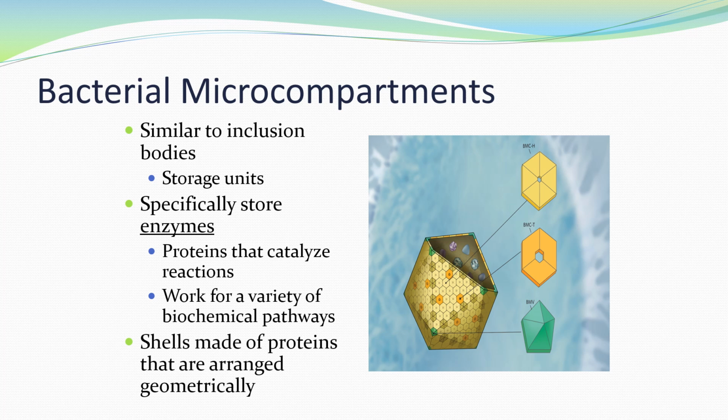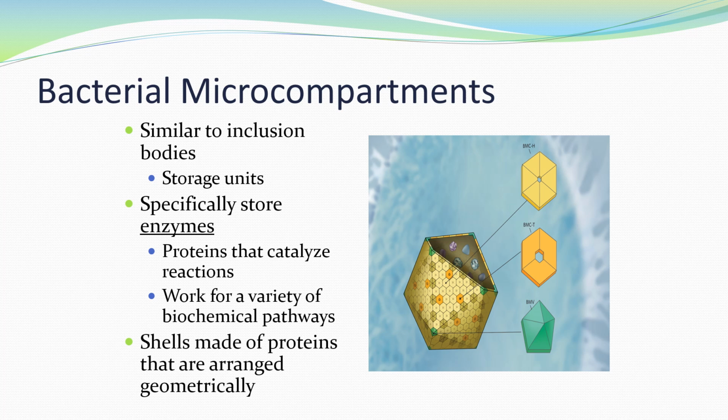Bacterial microcompartments are very similar to inclusion bodies since they are a storage unit, but they are a specific shape. So they have to have a specific item that they store. They specifically store enzymes, so proteins that catalyze reactions and work for a variety of biochemical pathways, if you remember what an enzyme is.